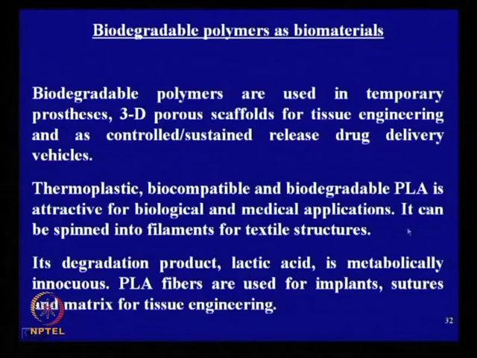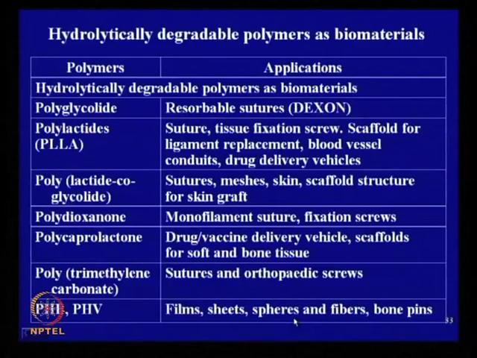And polylactic acid, as I mentioned, and polyglycolic acid, they and their copolymers are used in implants as sutures, as matrix materials for tissue engineering. These are examples you see. Polyglycolide, resorbable suture, commercially available.